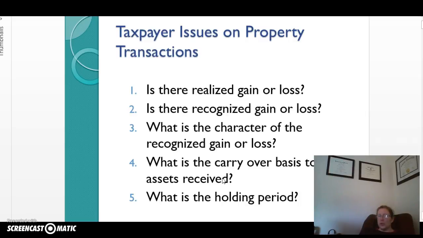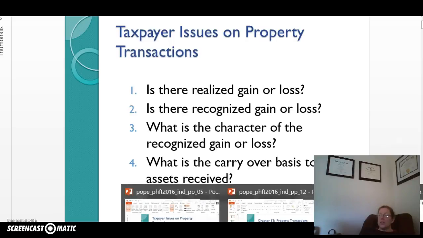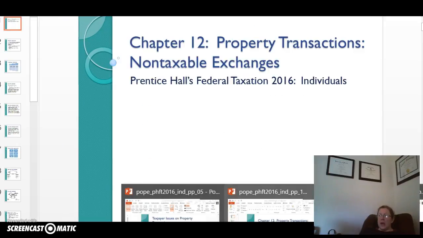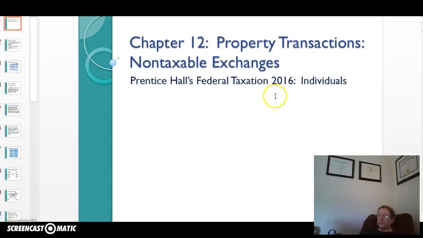You'll have to learn the difference between a realized gain and a recognized gain or loss. And then what is the character of the recognized gain or loss? What is the carryover basis to the assets received? And what is the holding period? How long have they had the asset? Is it short term or long term?